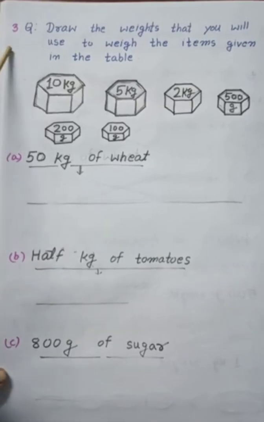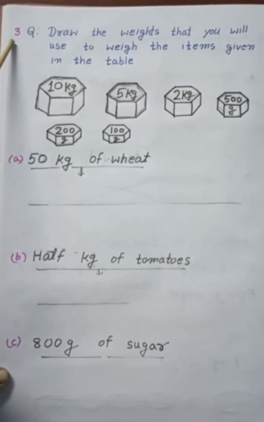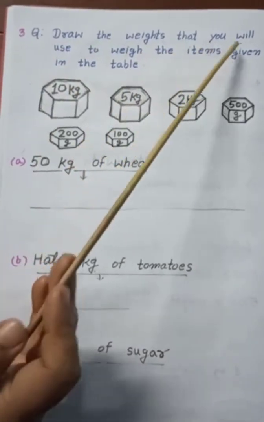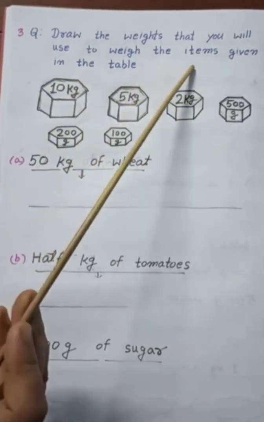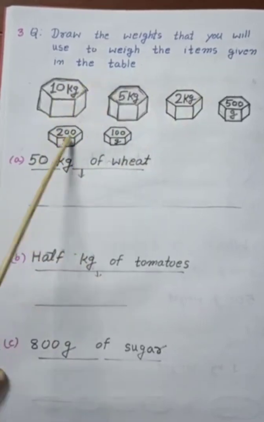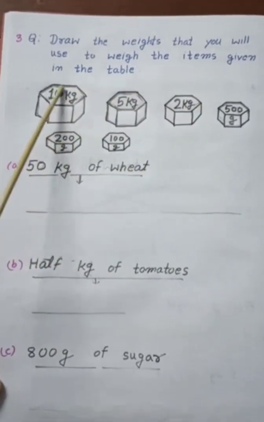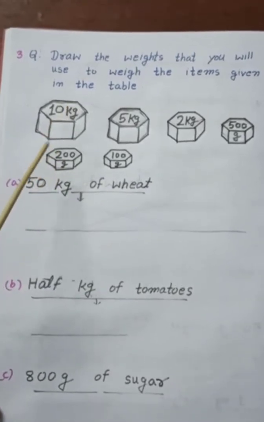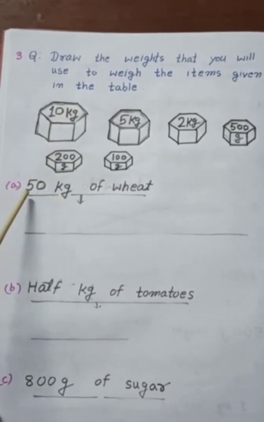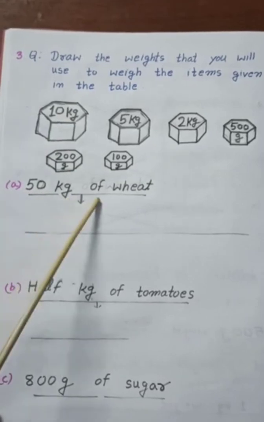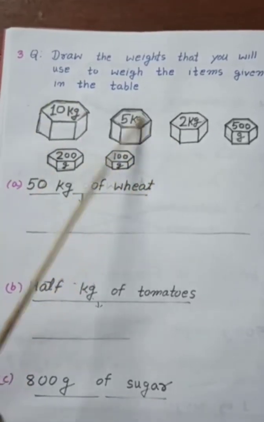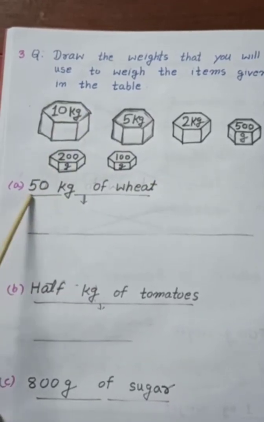Let's try to solve another question. Question number 3. Draw the weights that you will use to weigh the items given in the table. Look here. Some weights are given and we have to measure 50 kg of weight, and we have to check how many weights we will use to measure this 50 kilogram.